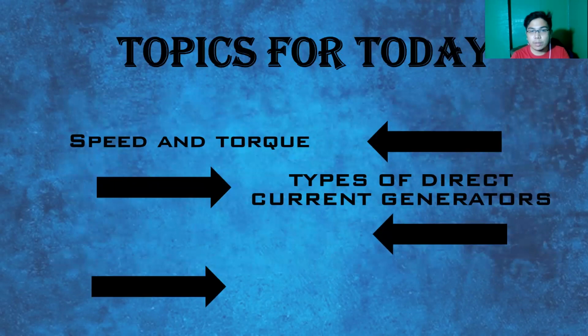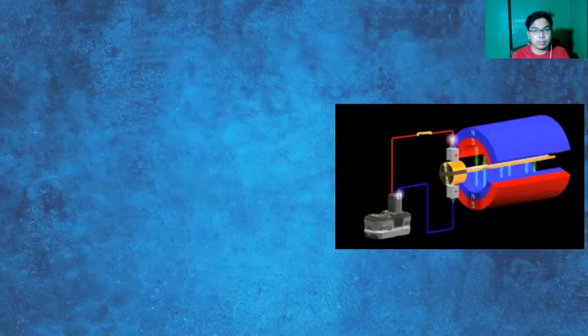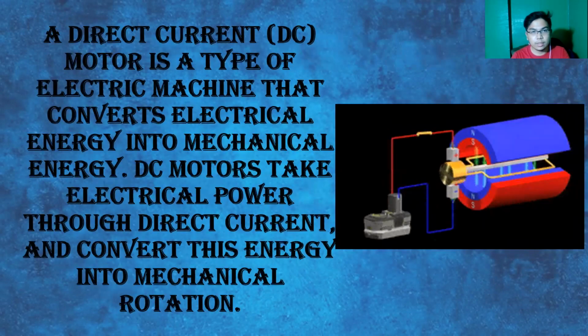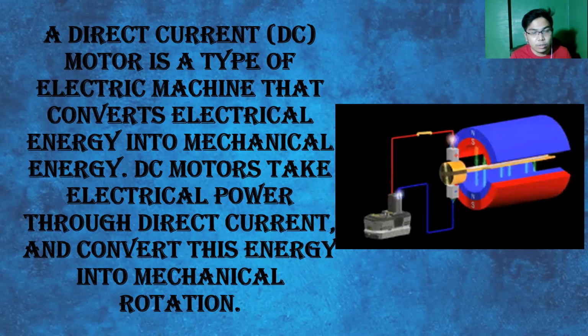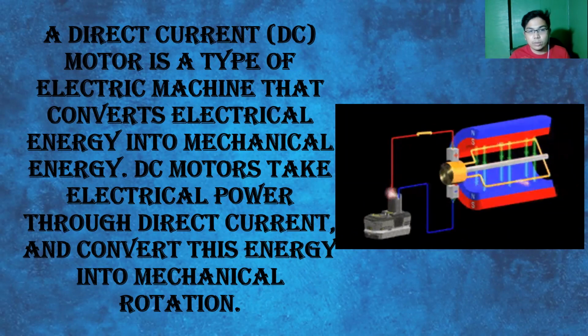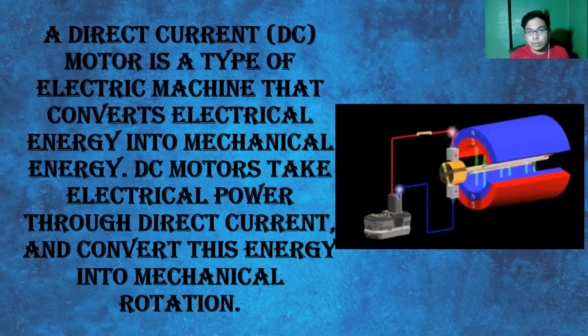Next is types of direct current generators. So, onting review lang. A direct current motor is a type of electrical machine that converts electrical energy into mechanical energy. DC motors take electrical power through direct current and convert this energy into mechanical rotation.